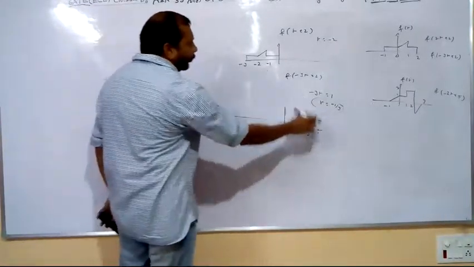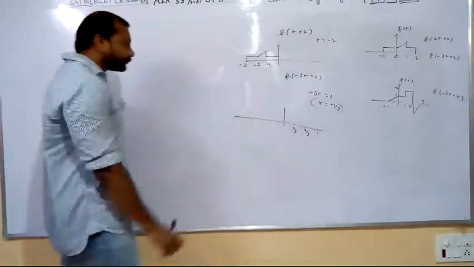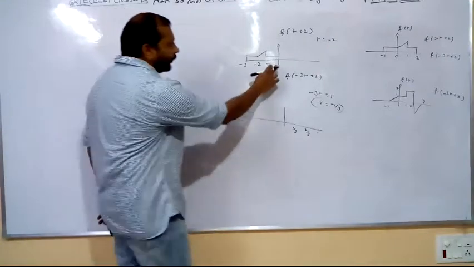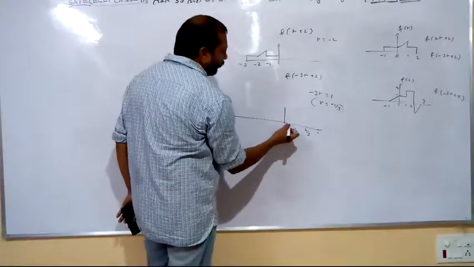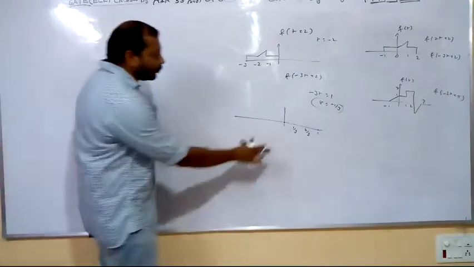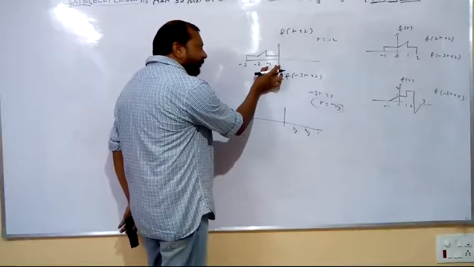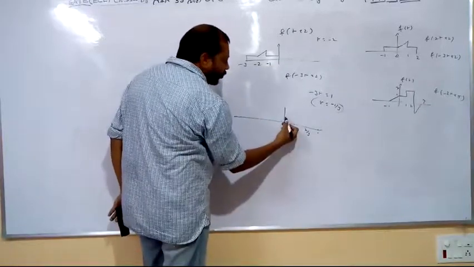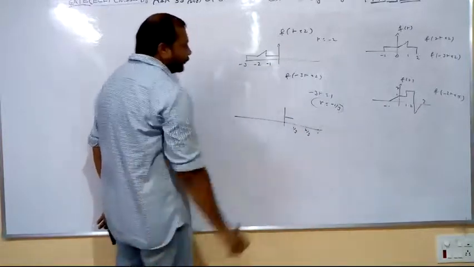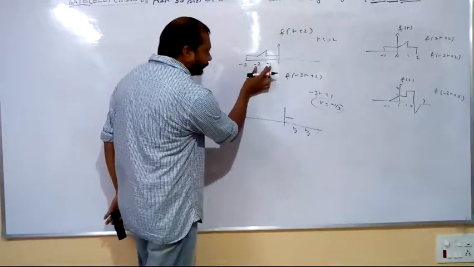This minus 1 into minus 1 by 3 will become 1 by 3, and 0 into this is equal to 0. Now listen how I am writing this. From 0 to 1 by 3 corresponds to minus 1 to 0, so we have to write like this. From 1 by 3 to 2 by 3 corresponds to this part.